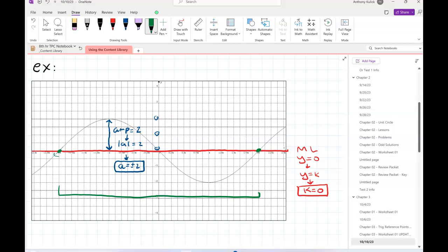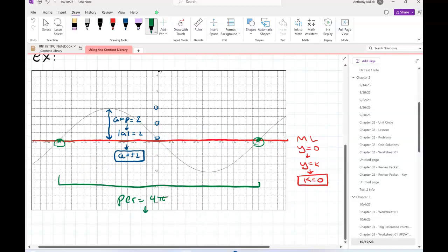So we start here at negative 2 pi, and we end here at positive 2 pi. From here to here is 2 pi long, and then there to there is 2 pi long. So my period should be 4 pi. Everybody okay there?